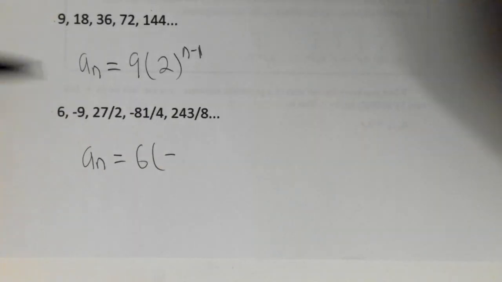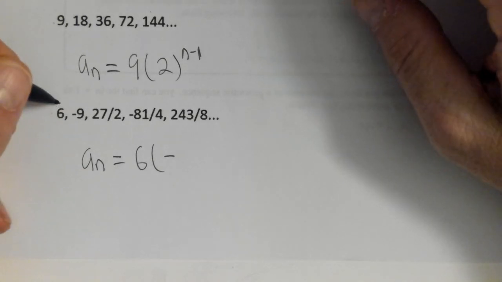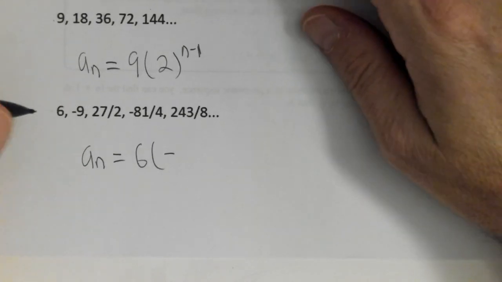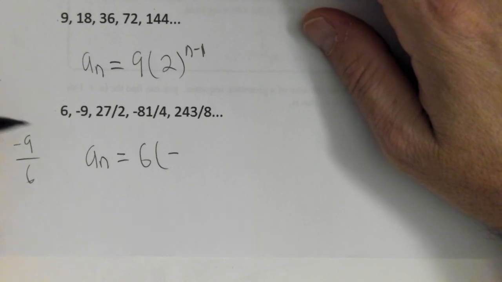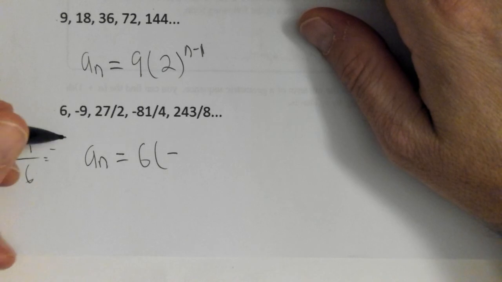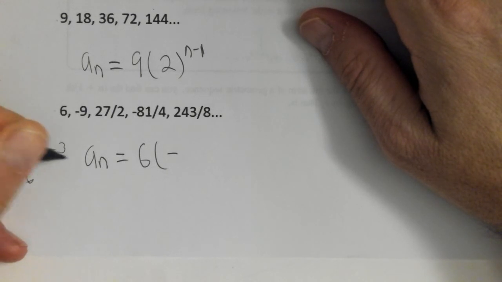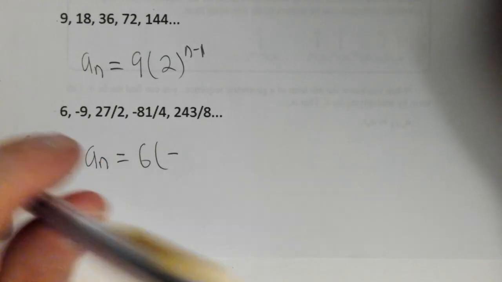Remember, you can always find the common ratio by taking a term and dividing it by the previous term. So if I want to figure out what the common ratio here is, I can take negative 9 and divide it by 6. If I just reduce that down, then that's going to be negative 3 over 2. And so there's your common ratio, negative 3 over 2.